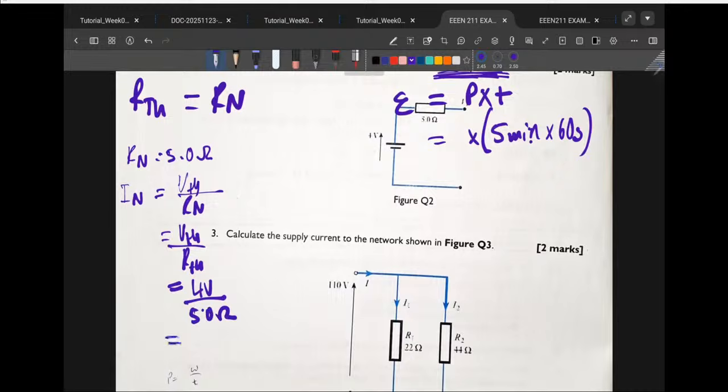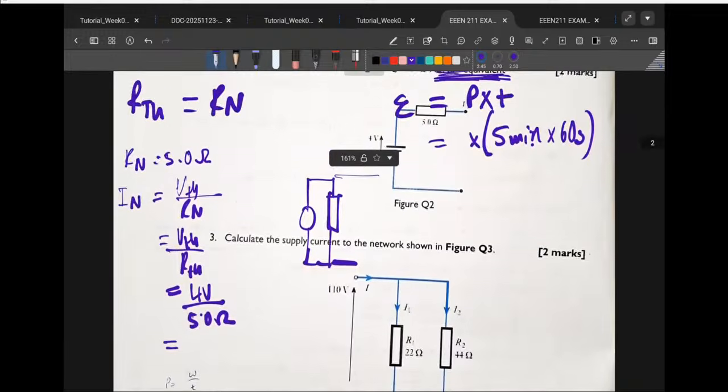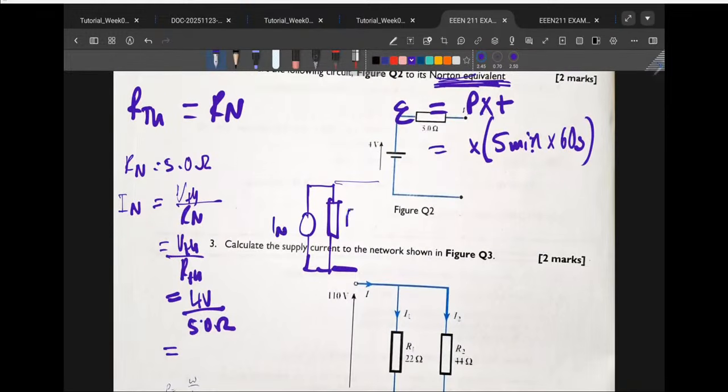Then you're going to find the I Norton. Once you have it like this, it's going to be easy because your I Norton and your R Norton will be in parallel.